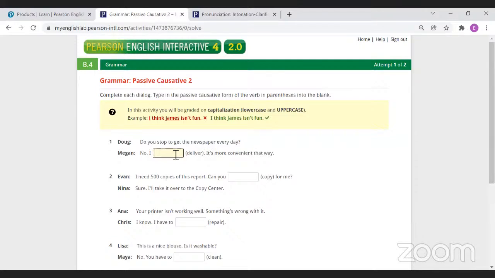Try to follow the structure. Okay, what is the structure that we have? Always you have to use it, right? What is first? The subject, the auxiliary.